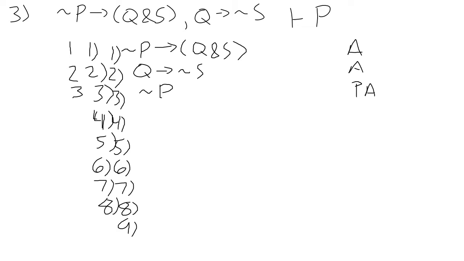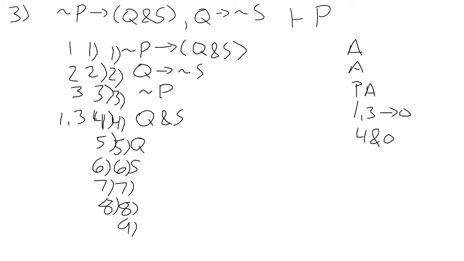So we'll toss this tilde P into the first conditional statement. Then we can break up this conjunction into Q and S. So that's going to be 4 and out for both of them.